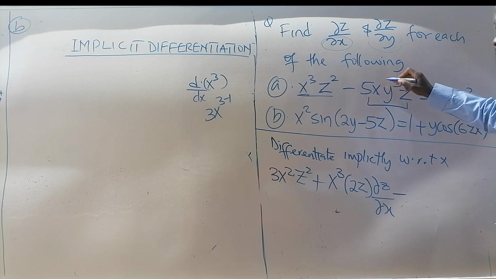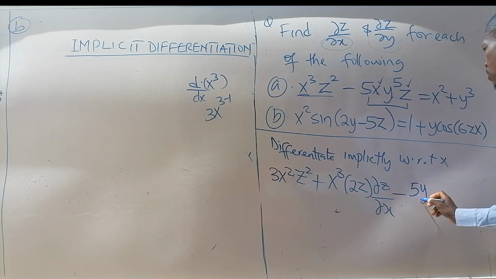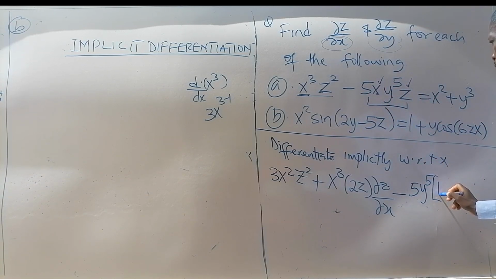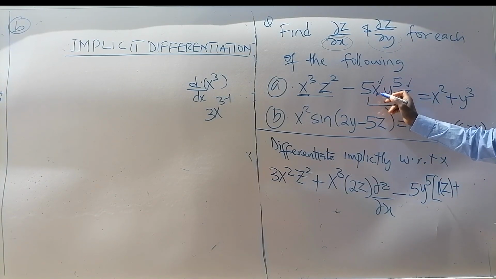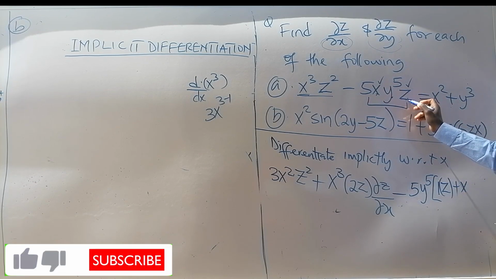We have this one, we have this one. This one is a constant, so I'm going to differentiate this function, which is 1, and keep this one constant, plus. And you keep your x constant now and differentiate your z.